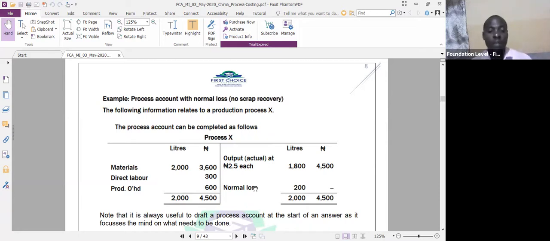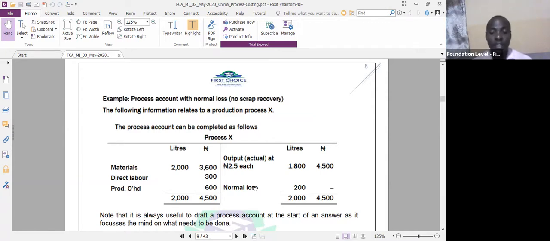So you can imagine that in that question, the material is valued at 3,600. We are also told that direct labor is 300, production overhead is 600, making everything 4,500 we had before.